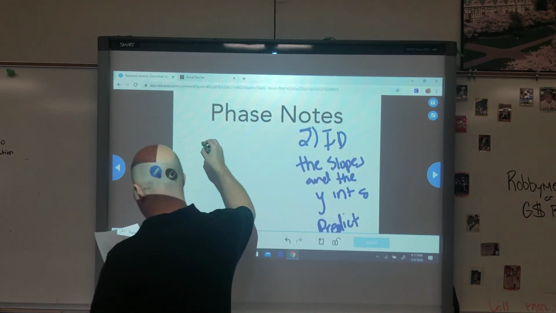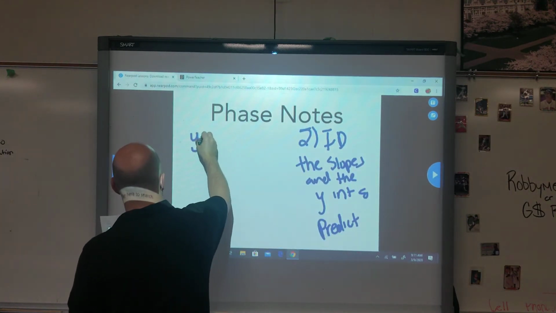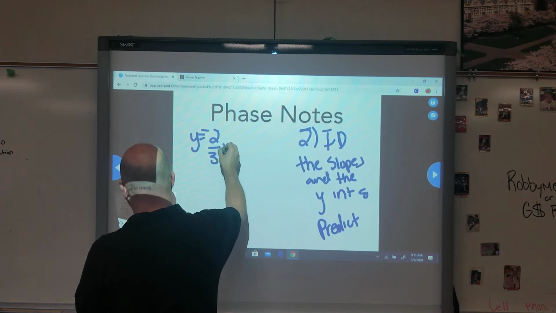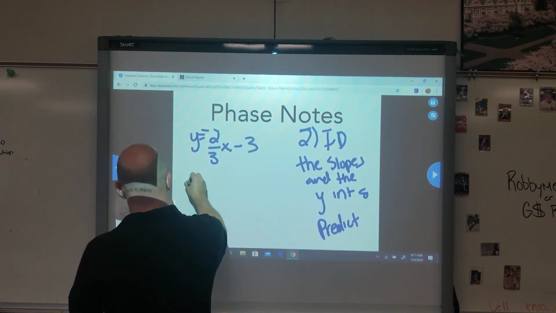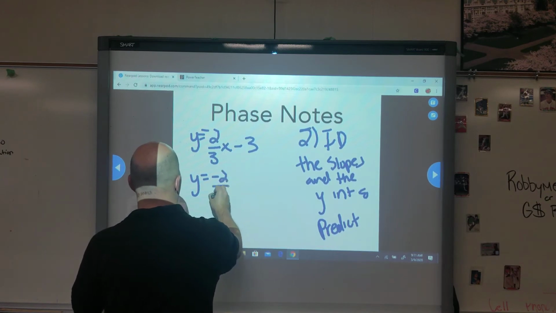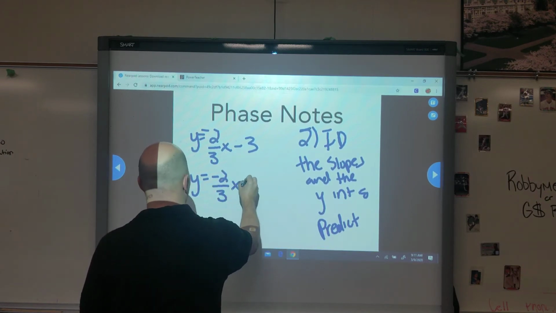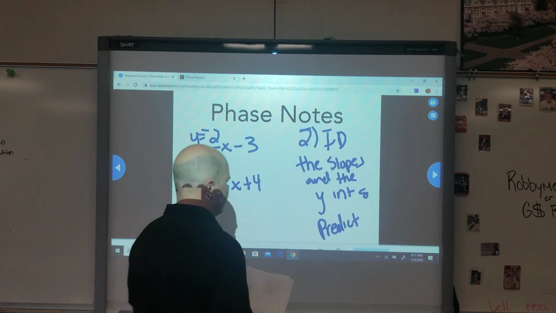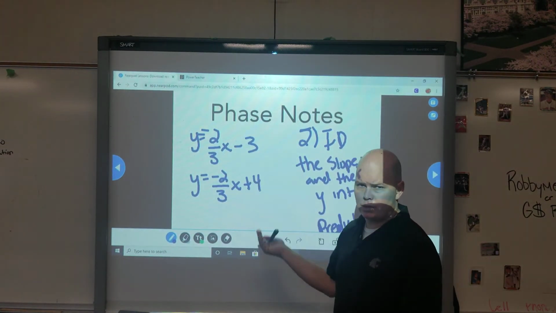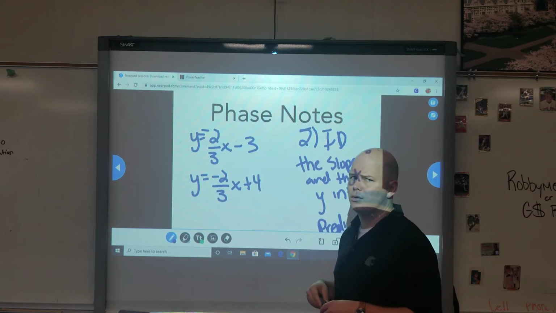So our equations again were y equals negative 2 over 3x minus 3, and y equals negative 2 over 3x plus 4. Both of those are in slope-intercept form, so it makes it way easier for me to do this.